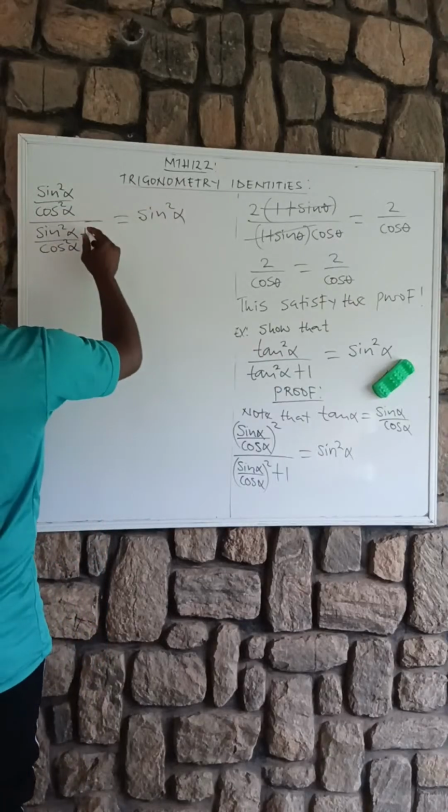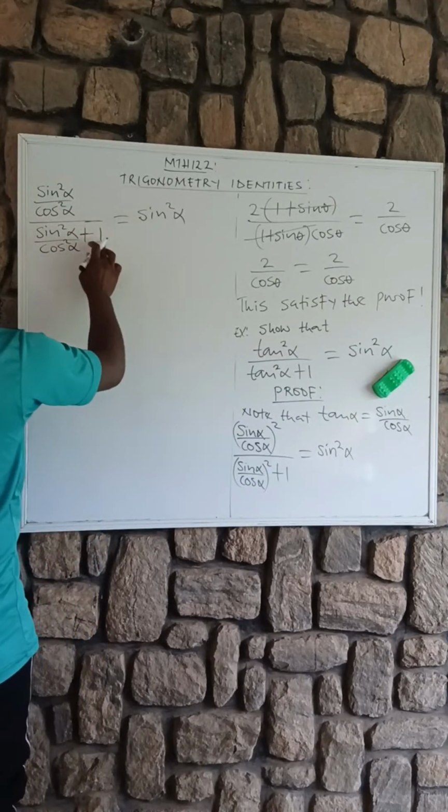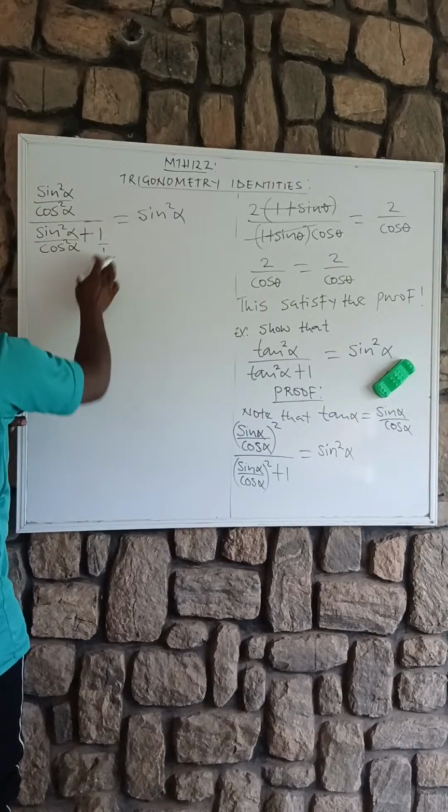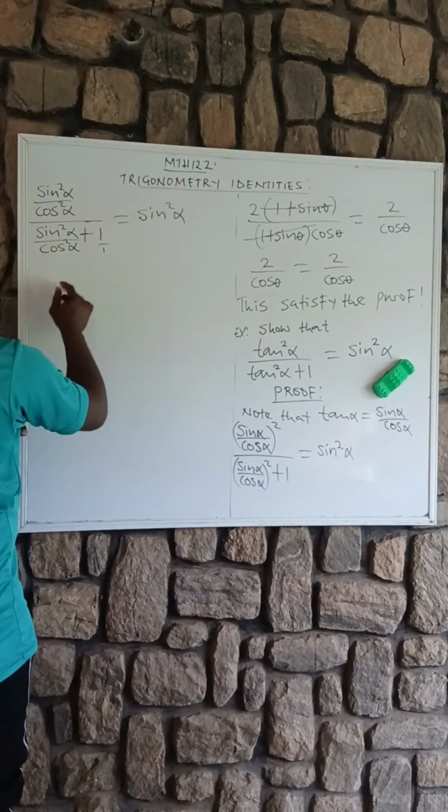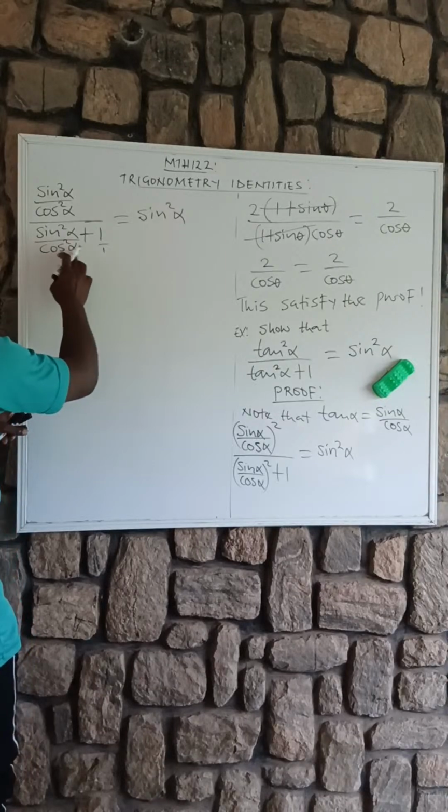Here this is plus, so we are going to look for the LCM. The LCM of this is cos square alpha.